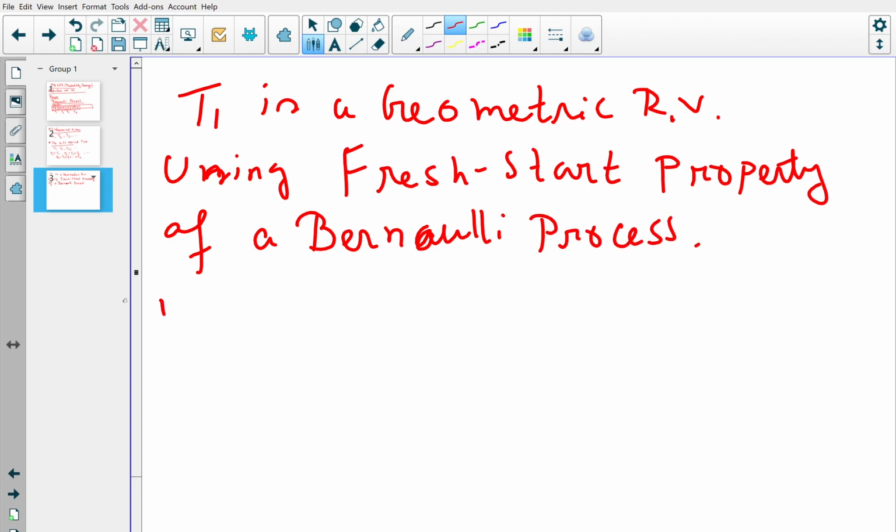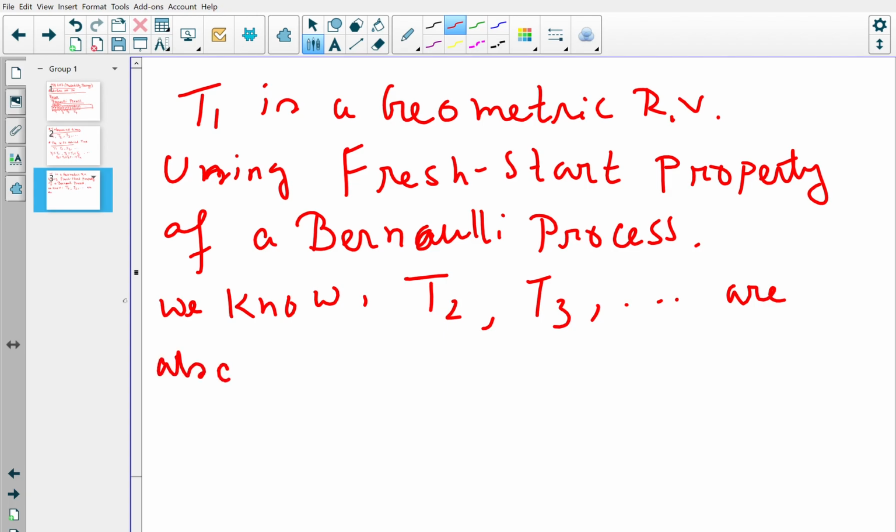You know that all those T2, T3 and so on are also geometric. So these inter-arrival times are nothing but geometric random variables. So you can actually define the Bernoulli process by inter-arrival times.